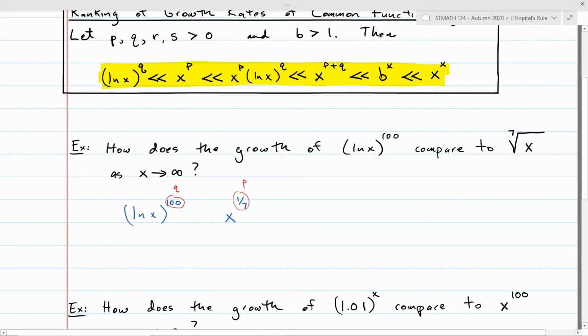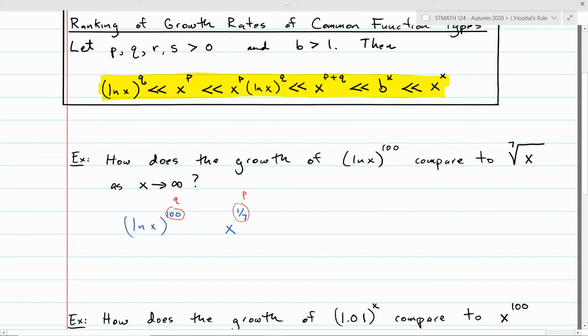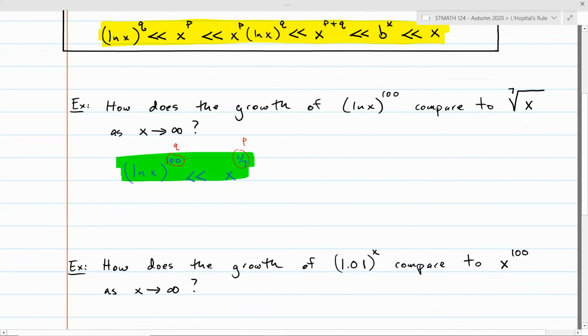The theorem says it doesn't matter what p and q are. p could be small, q could be big. It's still the case that natural log to that big power grows slower than x to that small power. In words, the 7th root of x grows faster than natural log of x all to the 100th power.